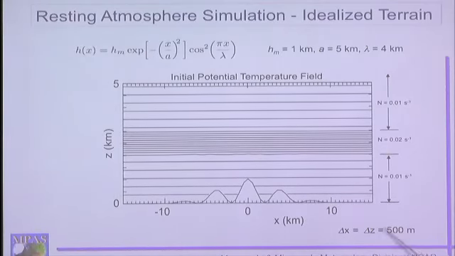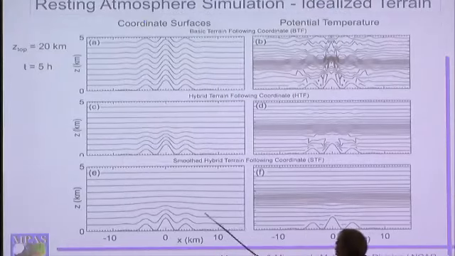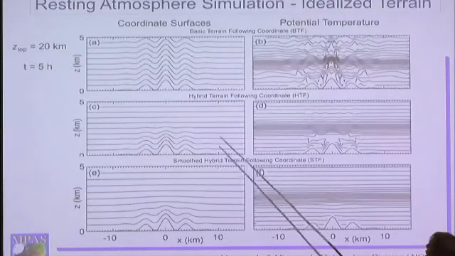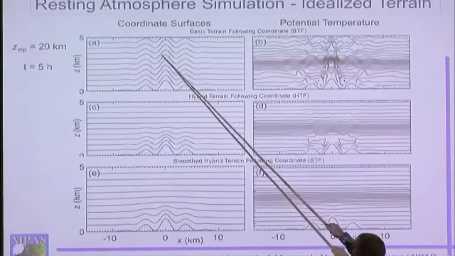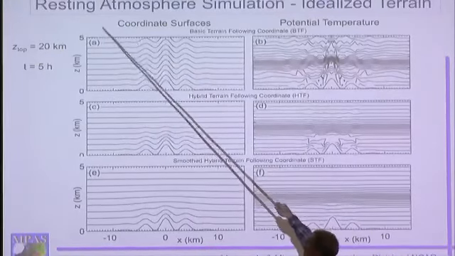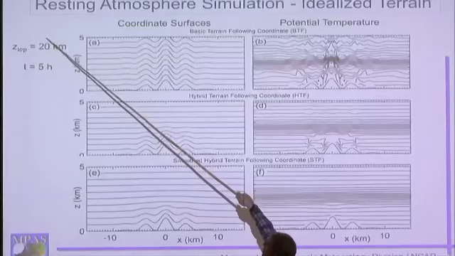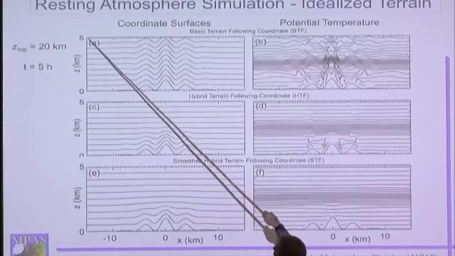We're down at a 500-meter horizontal and vertical grid here. If we run out to 5 hours, this is what the coordinate surfaces look like for the basic terrain following coordinate. Now, remember, the top of our domain is up here at 20 kilometers, and I'm only plotting it up to 5 kilometers.